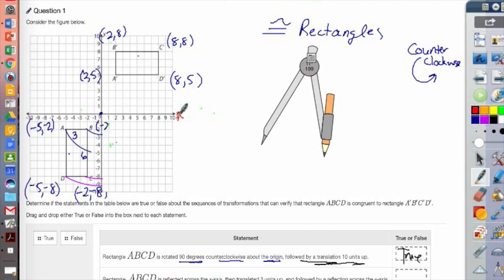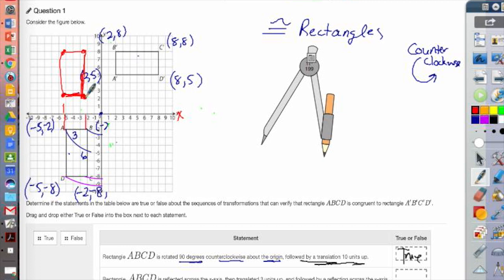This is the x-axis. So it's 2 units there, 2 units here, so 2 units up, 2 units up. This is 8 units, so it needs to go up to 8. And this one's 8 away from there, 8. So we'd have a rectangle that looked just like this. And that would be A and B.